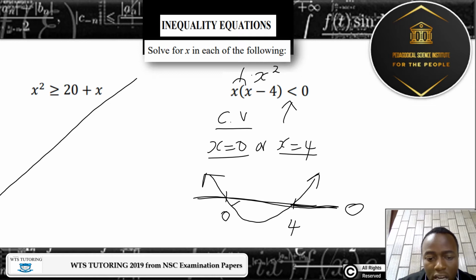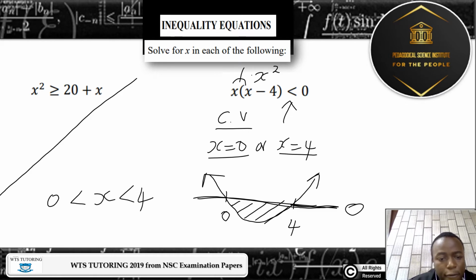So let's check our graph. Under 0 is that interval between 0 and 4. That's where the graph will be less than 0. So the final answer, we can write it. It's when x is between 0 and 4. Our x must be between 0 and 4.